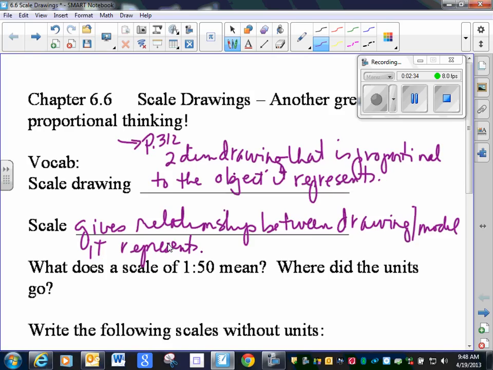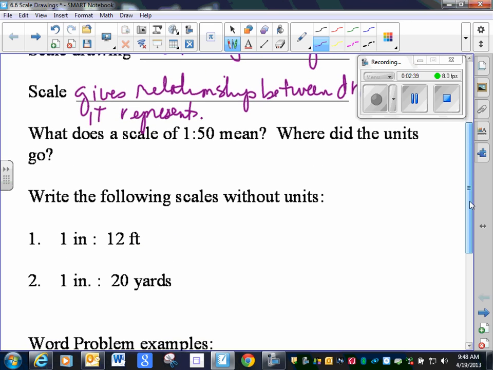So let's talk about scale. Let's talk about setting up some proportions. So if something has a scale of 1 to 50, what does that mean?